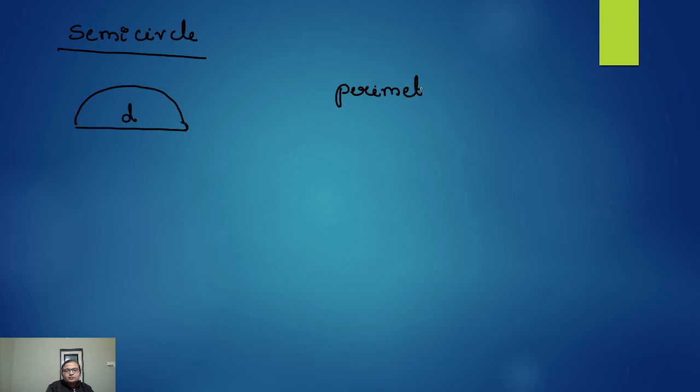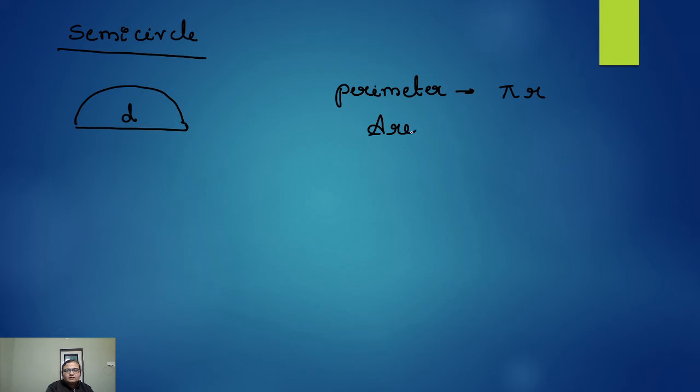Semicircle is one more two-dimensional figure. Semicircle or hemisphere. So this is D. Now the perimeter of a circle is 2 pi r, and this is pi r.